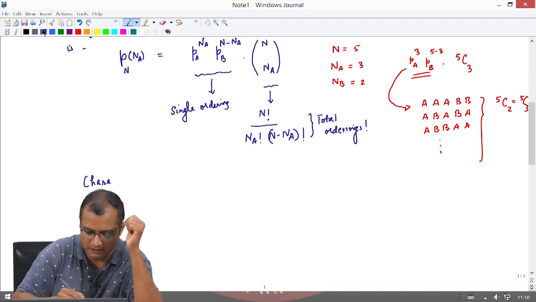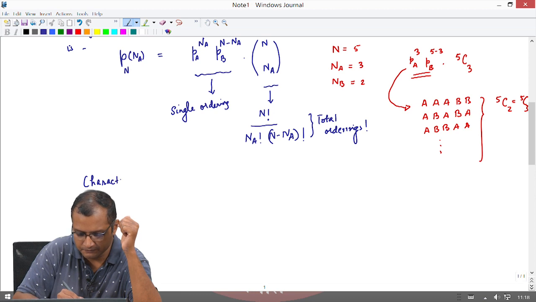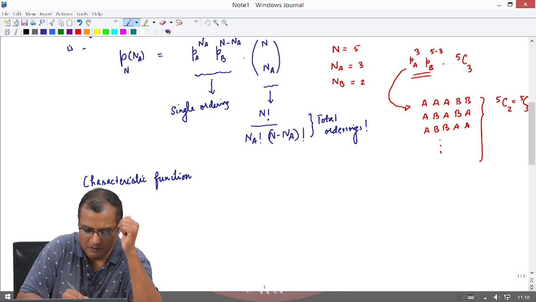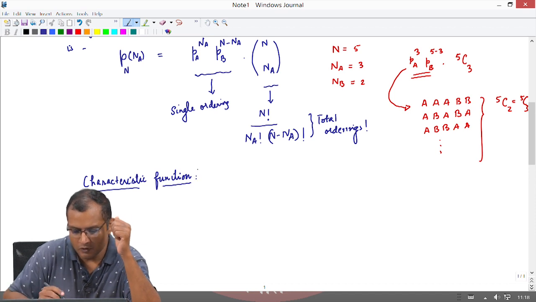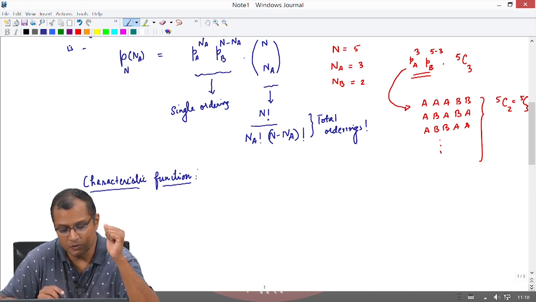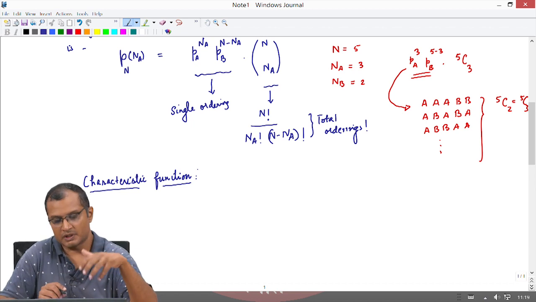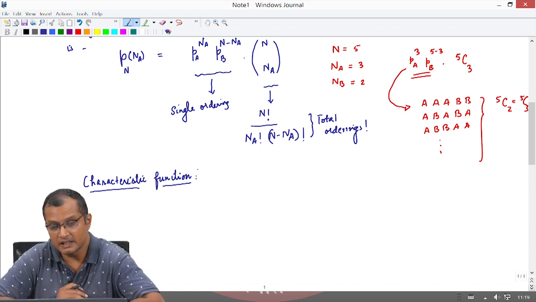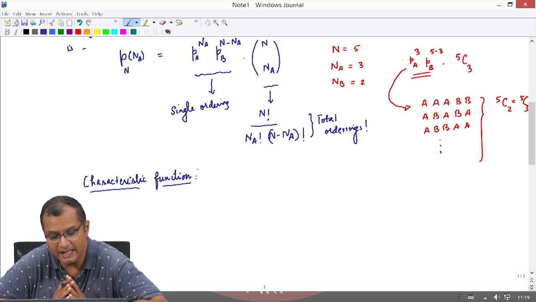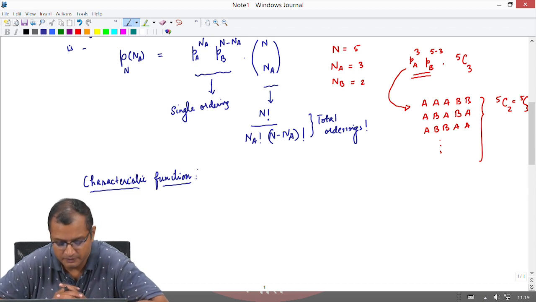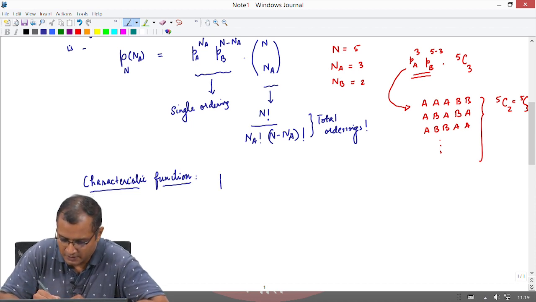I am going to construct the characteristic function as the simple Fourier transform of my probability distribution, which is the binomial distribution. Now, this is a distribution which has a discrete number of outcomes. The random variable NA is discrete. So, I have to take a discrete Fourier transform here. Okay. So, let us do that.